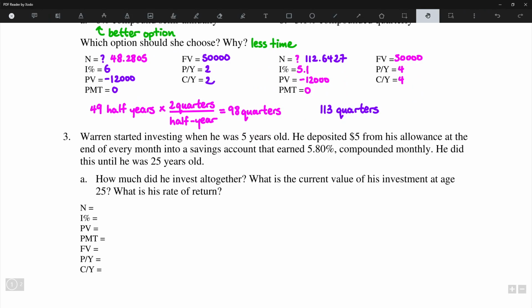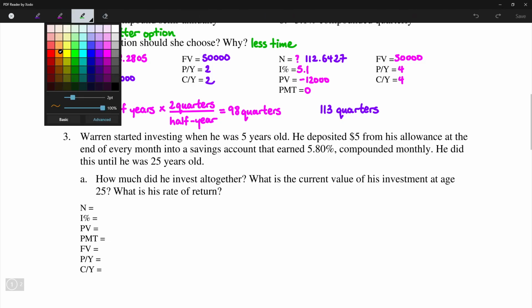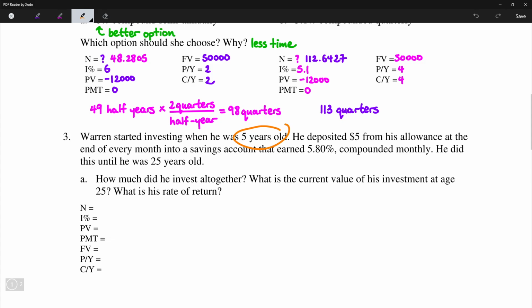So here we have a case where someone started investing at 5 years old, and now the person is 25 years old, so 20 years have passed, and it's a regular deposit of $5 every month, and the interest rate earned is 5.8%. So there are a few parts to the question.